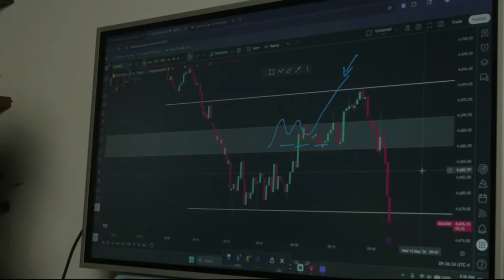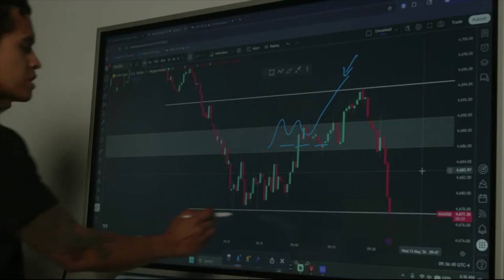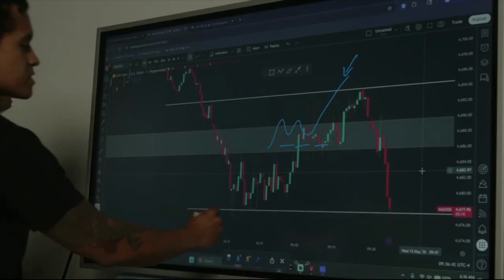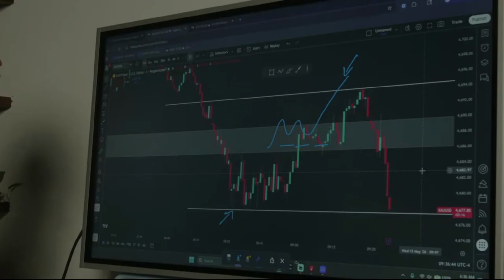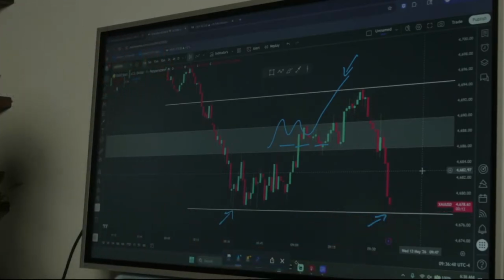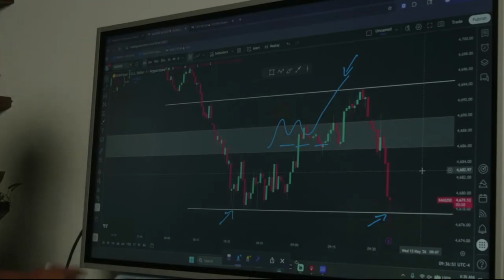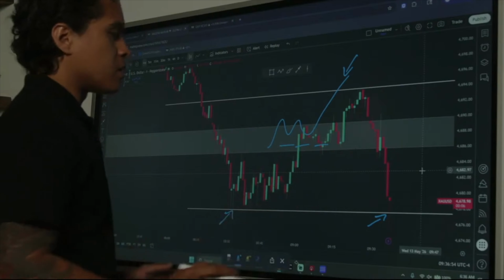Just to repeat myself, and of course, if you guys decided to take trades, make sure you manage your risk. Don't get greedy. We're reaching that area right here where we've seen in the past strong reactions off of. We're getting right now reactions off that area. So whether that means take profits, whether that means to manage your risk, all dependent on your plan, of course.